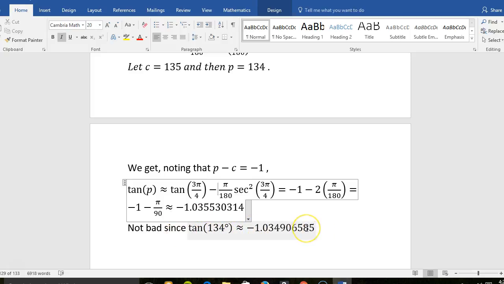And that's not bad, since the tangent of 134 degrees was this guy right here. It's pretty close. It's not too bad. That's a decent approximation. As long as it's not something that demands too much precision, we're pretty close. It's not as good as some of those previous ones, but it's not too bad. Now, guys, I know what you're going to say. Well, Jason, was this really any easier?